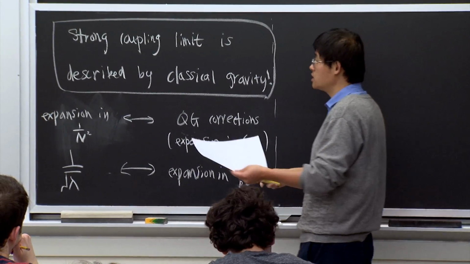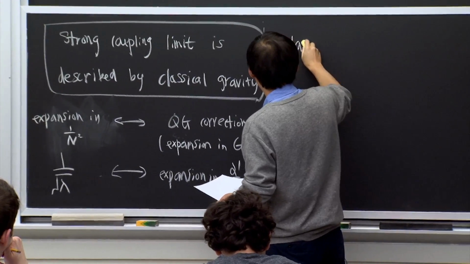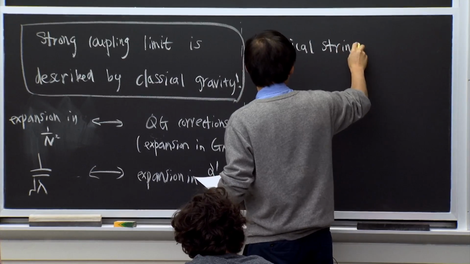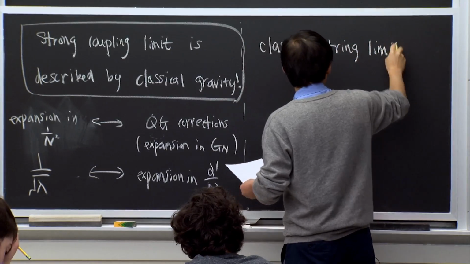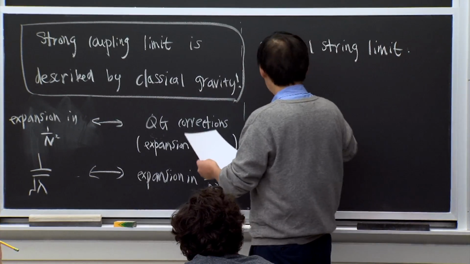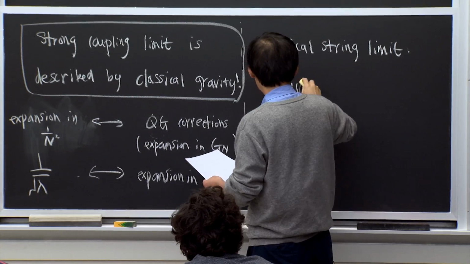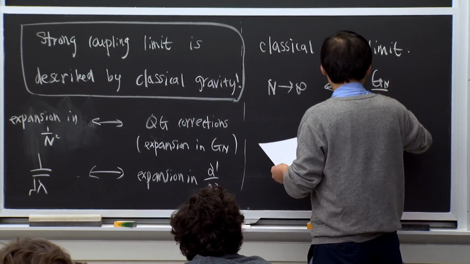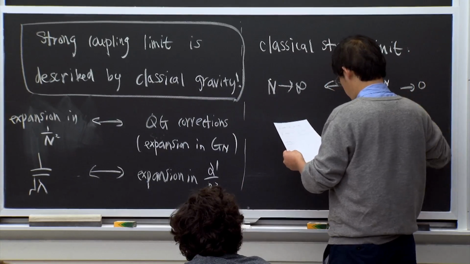And so this is a classical limit. You can also consider a classical string limit, which we discussed before. In the classical string limit, you still consider n going to infinity, which corresponds to Gn over R8 going to 0.